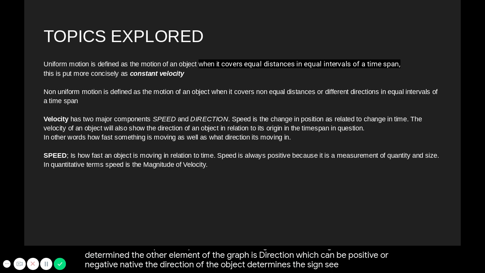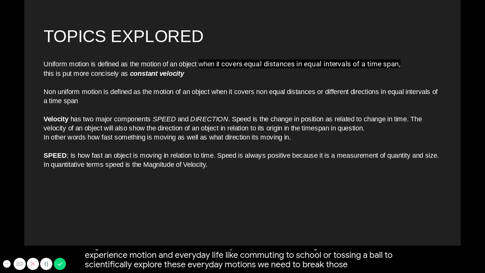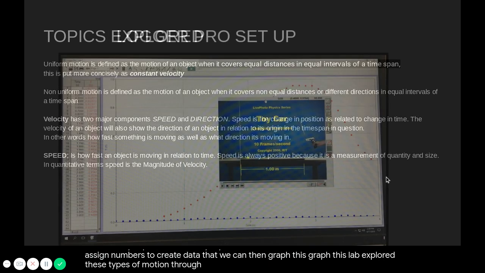We see and experience motion in everyday life, like commuting to school or tossing a ball. To scientifically explore these everyday motions, we need to break those down and assign numbers to create data that we can then graph. This lab explored these types of motion through LoggerPro.